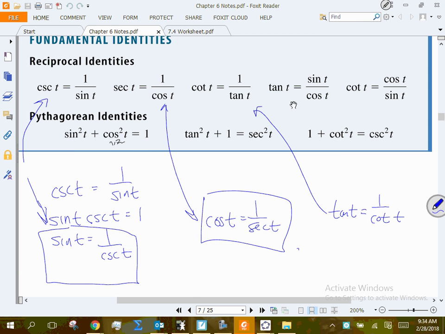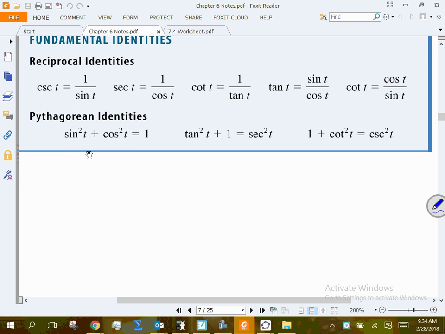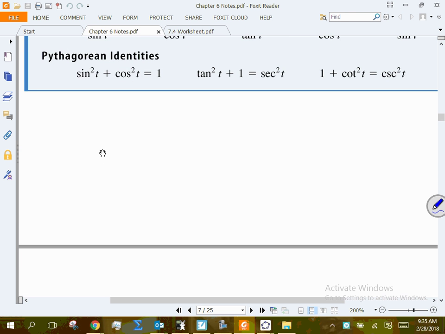Then the remaining Pythagorean identities are just found by taking this thing here and dividing all 3 terms by sine squared. That will actually give me this one over here. If I take this one here and divide everything by cosine squared, all 3 parts by cosine squared, and do substitutions, it will give me this one here. I'm not going to spend a whole lot of time on Pythagorean identities right now.